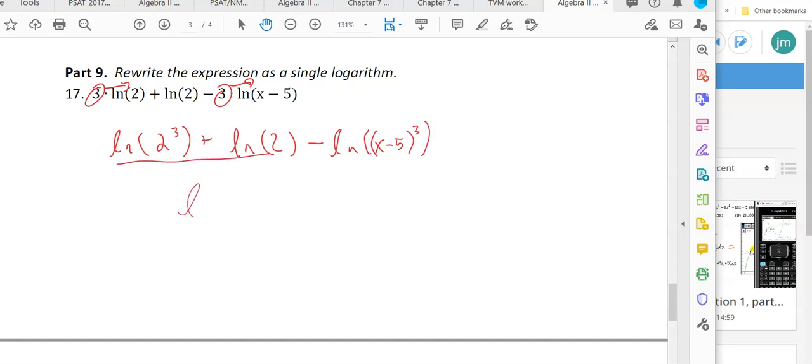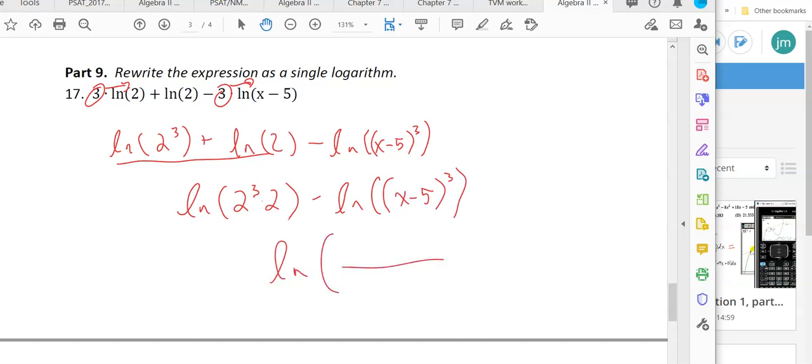So that would be natural log of 2 cubed times 2 minus natural log of x minus 5 to the 3rd. Push those together, so it'd be natural log of, big fraction, 2 cubed times 2 over x minus 5 to the 3rd. That's one logarithm.